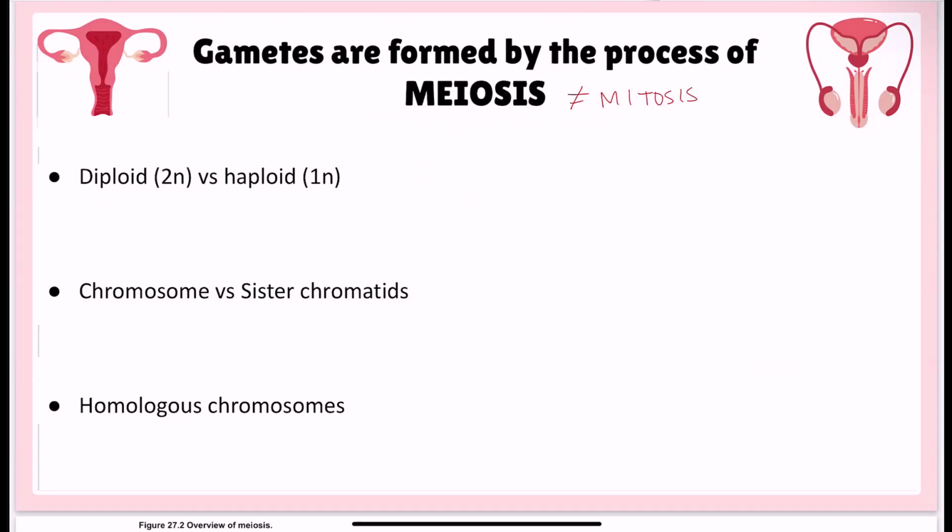In the process of mitosis that we learned about in Bio 430, we learned that one parent cell would produce two identical daughter cells. Those daughter cells were identical.